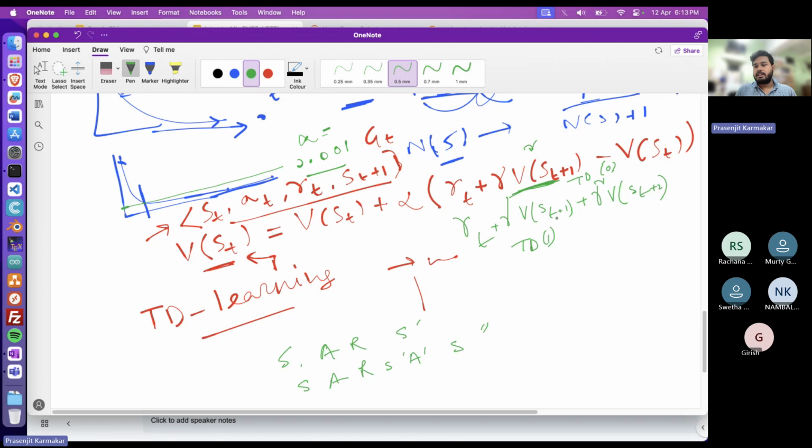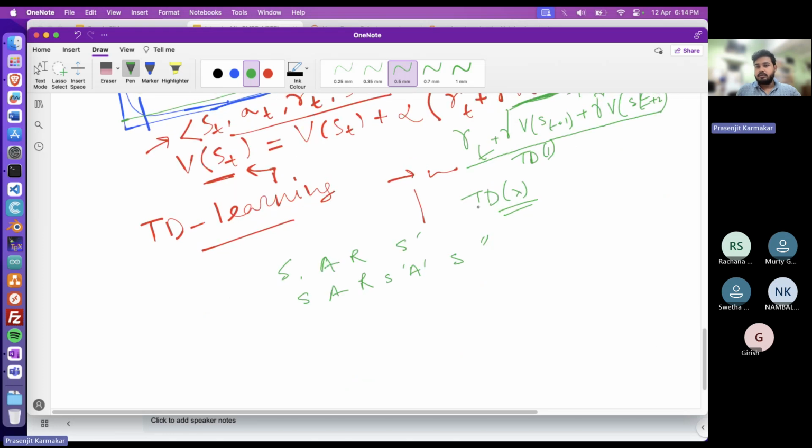Then we can make this update, and we also know the next-to-next state transition. So this is the difference between TD0 and TD1. Similarly, you can go ahead with any number of lookups. The general form is TD lambda, so there will be lambda lookups.